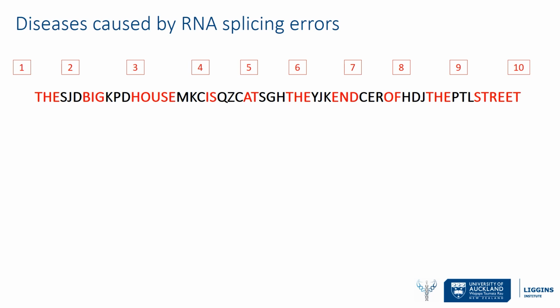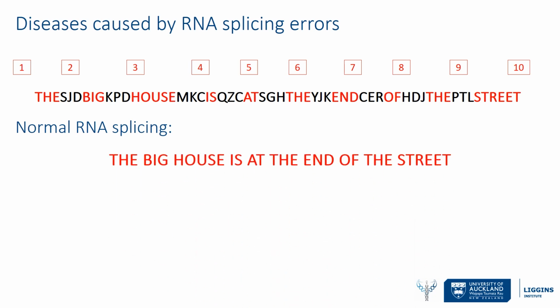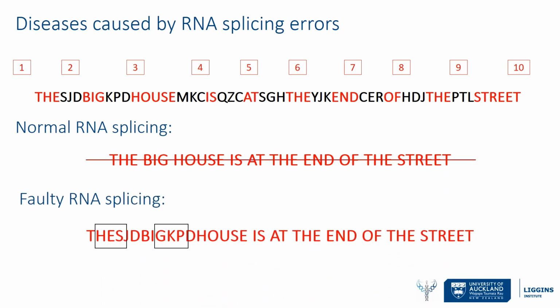So if you imagine this is a string of DNA, normal RNA splicing would delete the introns, which are the little black parts in the middle, and keep only the red parts, which are the exons, and produce this message: the big house is at the end of the street, and that will create our working protein. But if RNA splicing goes wrong, we might end up with a message that looks a bit like this, and therefore creates a faulty protein. Ultimately, these RNA splicing errors can lead to problems in the cell's ability to produce the right proteins, and they often lead to rare genetic diseases.